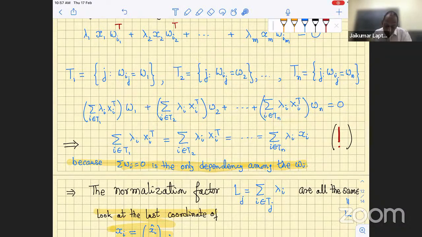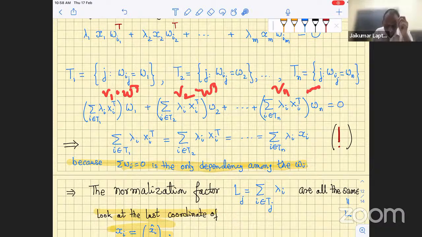And why? Well, because the only coefficients that are allowed that make it 0, the only dependency was that the sum of the Wi's should be 0. That means all these must be proportional to each other. Let us see why. That was for scalars. So suppose there was some vector here, V1, V2, some Vn, and if you multiplied it with W1 transpose, W2 transpose, and so on, it became 0.